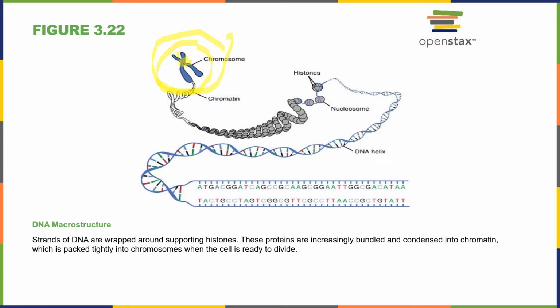So this representation is a little bit misleading, and the reason it's there is that's how we can see them under the light microscope, right? So just bear with us and see that they're trying to represent the DNA.